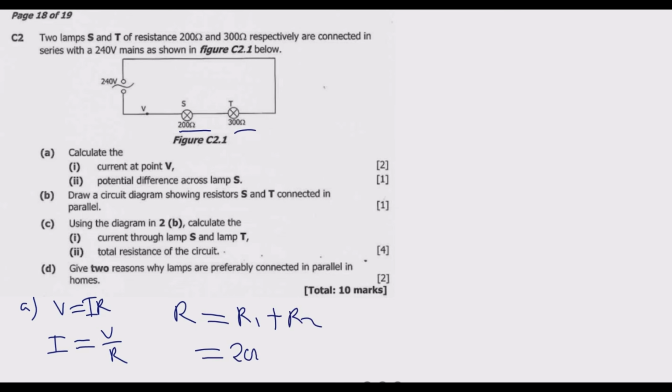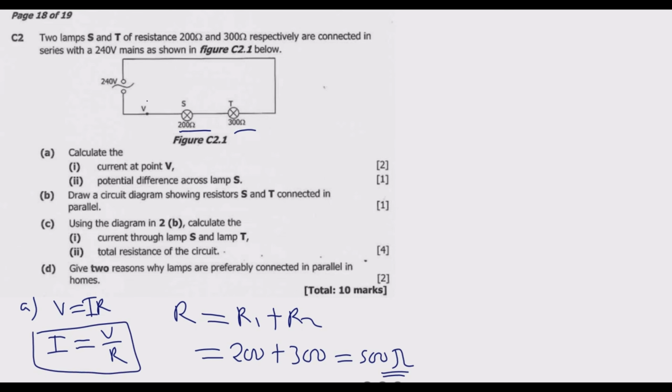So it will be 200 plus 300, which gives us 500 ohms. Based on that, we can use this formula and solve for current.